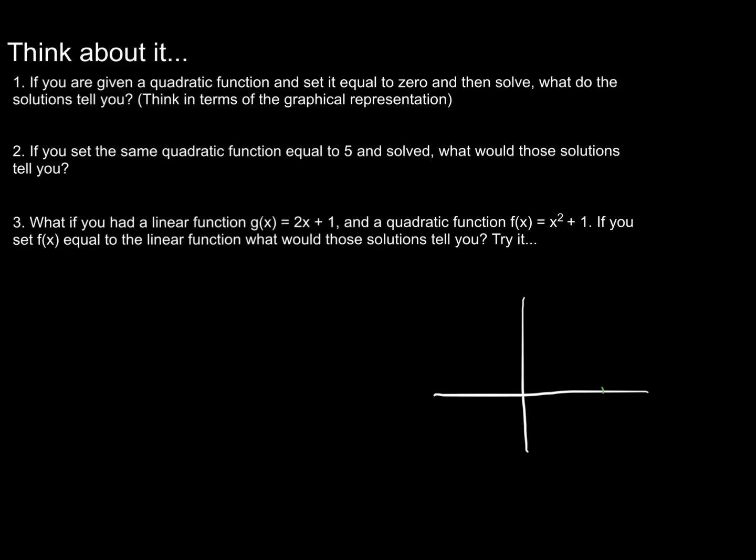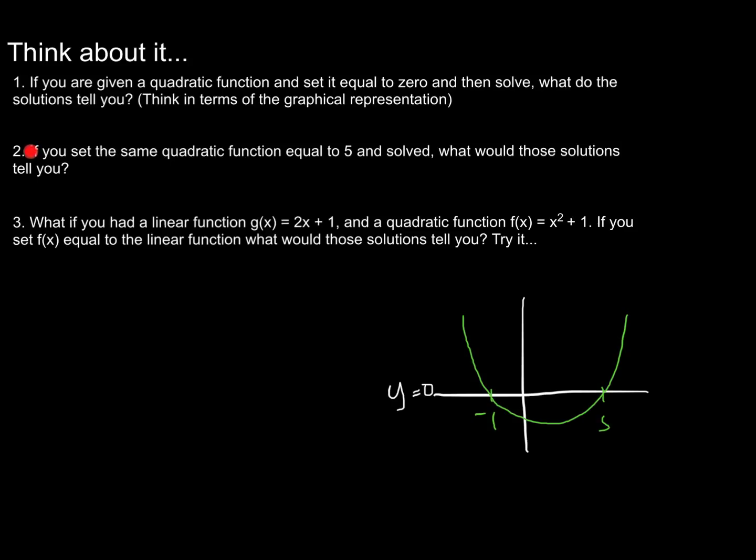So, if I were to get solutions like 5 and -1, then I know that's where my quadratic function intersects the x-axis. In particular, that's where it intersects the line y equals 0. The x-axis is really the line y equals 0. And so another way of thinking of this is, when we set our quadratic equal to 0 and solve, we're finding all the different x values where it intersects that line where y is equal to 0.